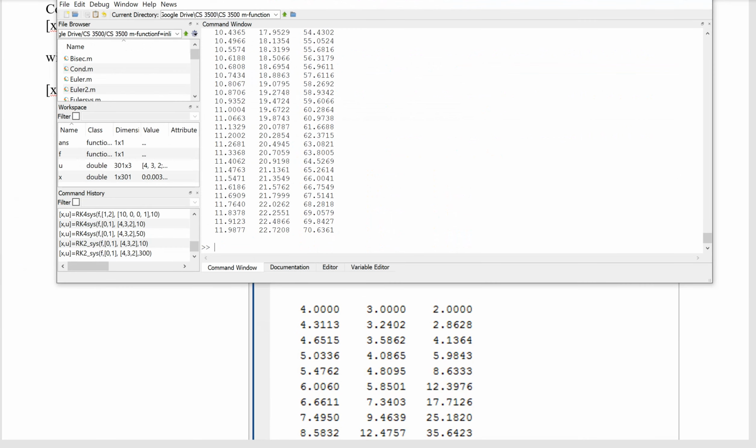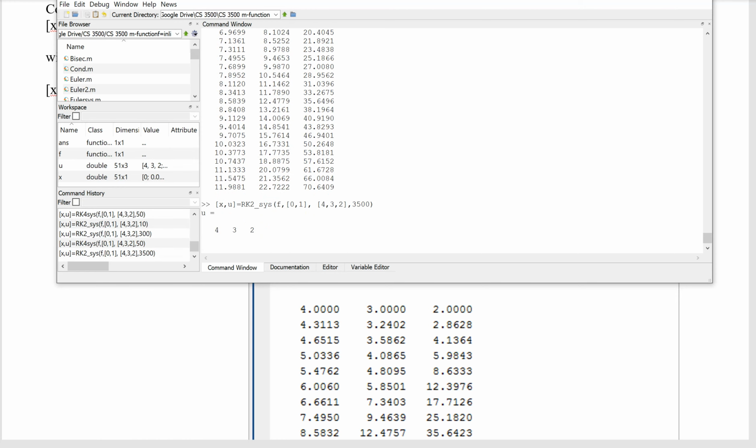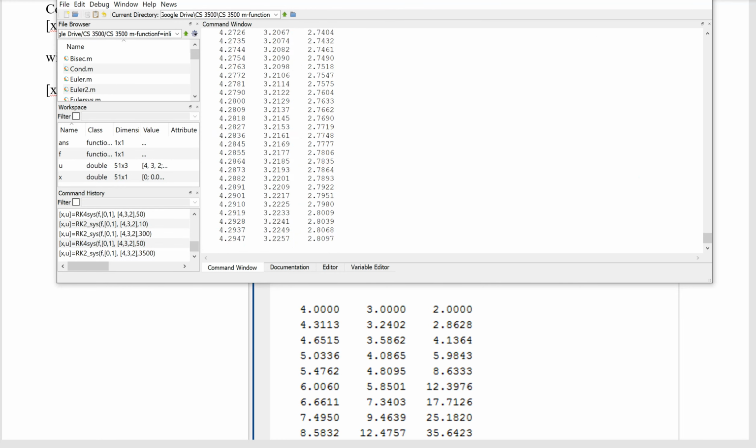Let me. What was the RK4 50? I don't remember now. Let's do it again. So RK4 50. Okay, 6409. 6409. And RK2, let's do 3500. Oh, that's a lot. Yes. See? We get 6409.